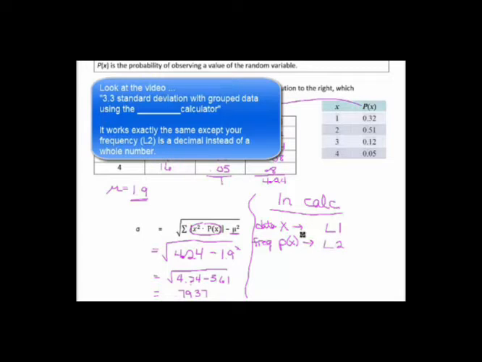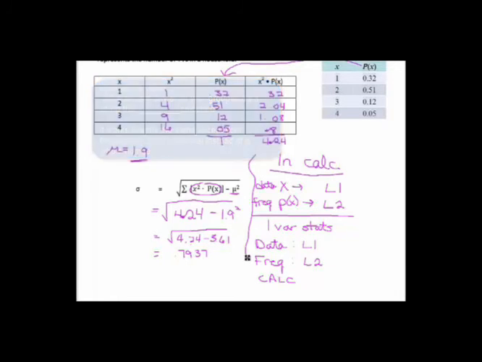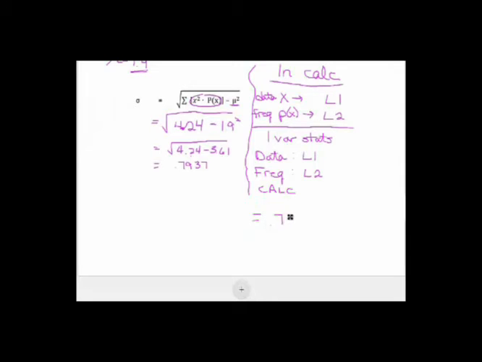We've already done stuff like this when we had frequencies. So you're going to hit your 1-Var Stats. It's going to ask you where the data is. Your data is in L1. Your frequency, because basically the probability is your frequency, is going to be in L2. And then you are going to calculate however that works on your calculator. You're going to get 0.7937, which is exactly what you get there.